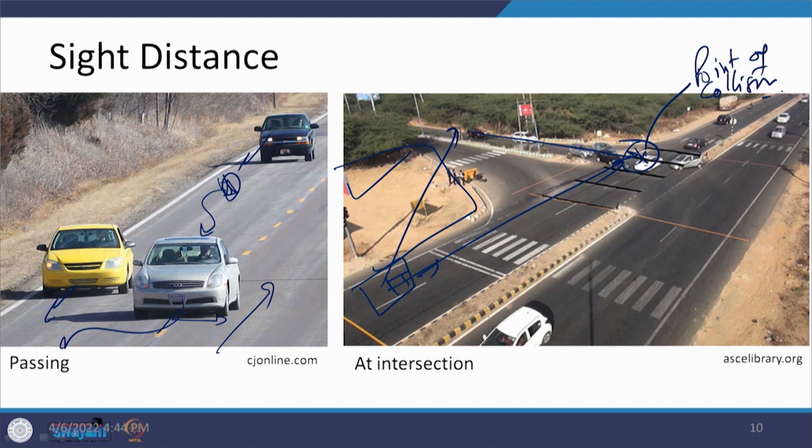So, we have to avoid that, and you can see that there is a vehicle coming from here, there is a vehicle going straight on a main road, and there is a vehicle which is taking a right turn from this particular side. So, this is a hazardous situation which is happening even though you have good visibility being maintained, and this is required.